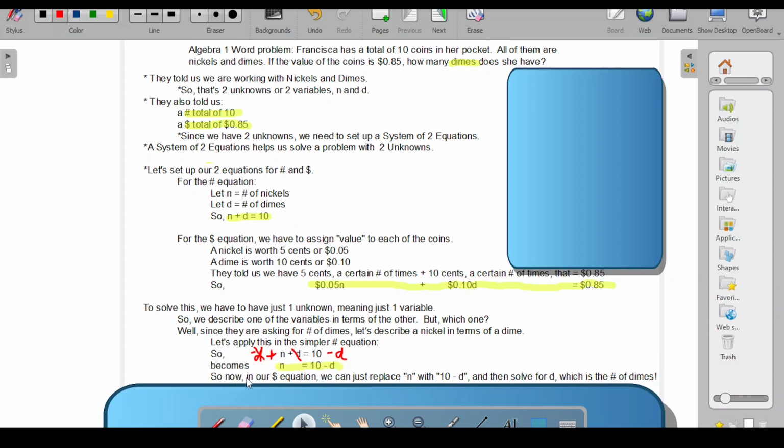So now in our money equation, we can just replace n with 10 minus d and then solve for d, which is the number of dimes. Remember, we're solving for d. D is the number of dimes, and that's what they're asking for.